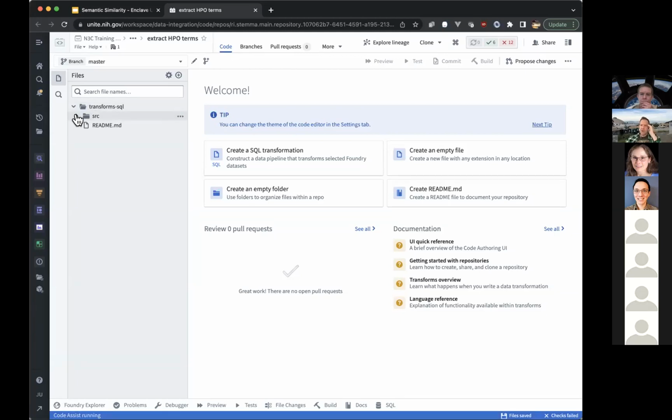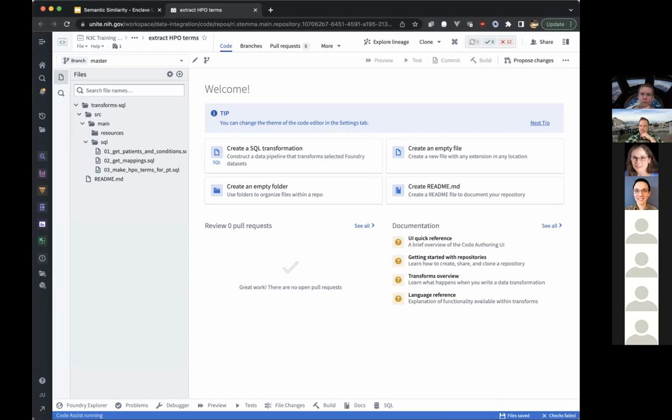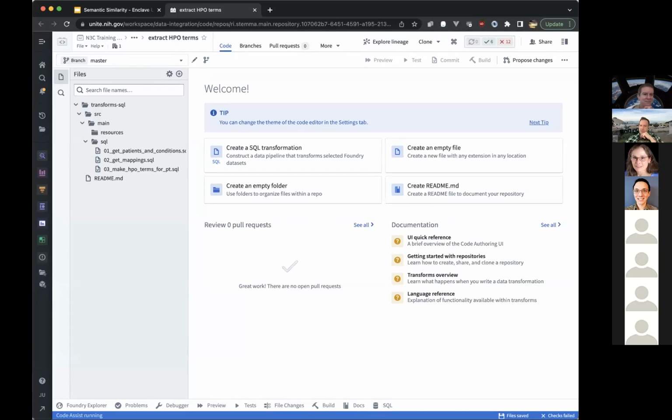This is an SQL transform. As far as I know, for code repositories, you can use Python, SQL, and Java, but not R. As we were saying before. There has been talk of, I think we've been politely nudging Palantir to maybe think about implementing it.